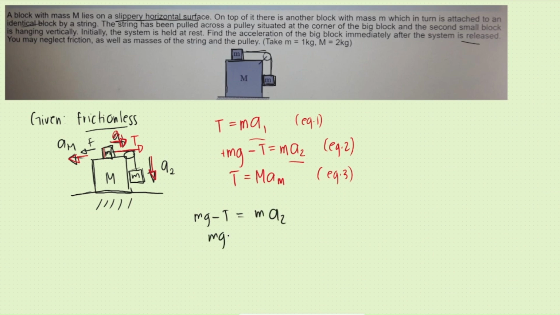And if this were a stationary big block with mass large M, then mg minus T is equal to ma2, right? And we could make this one, T, equal to ma1, right?